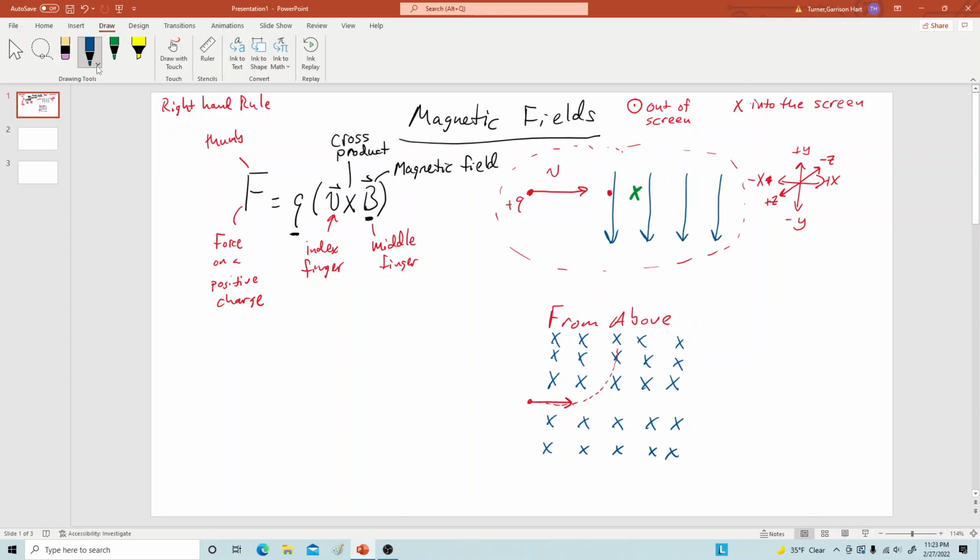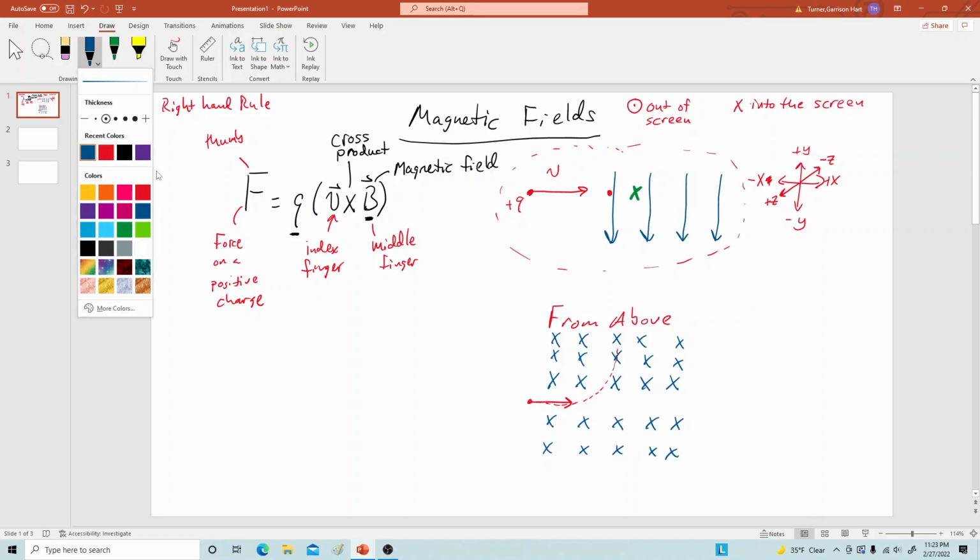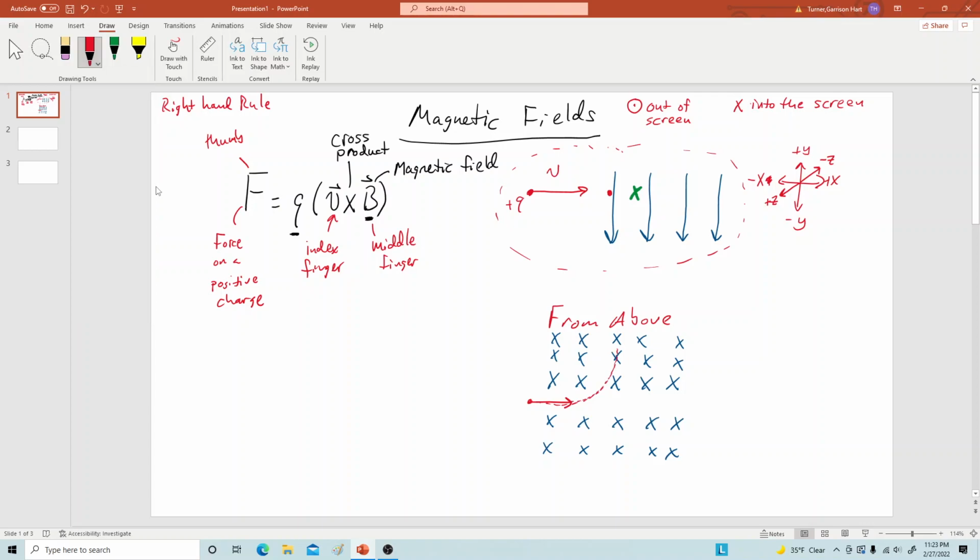If the field is large enough, then you might be able to see what's going to be happening. The charge, if the field is strong enough, is simply going to be deflected in a circle. Okay, if the field is wide enough, then this deflection would just make a circle, and the charge would just keep moving in that circle.